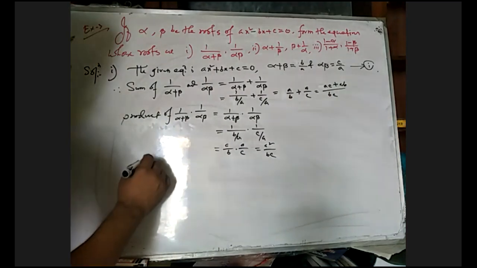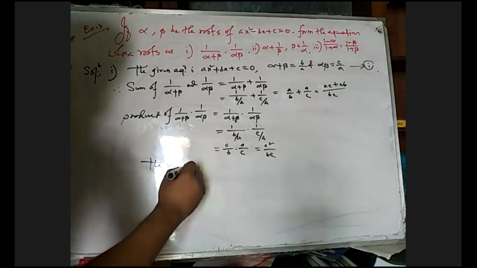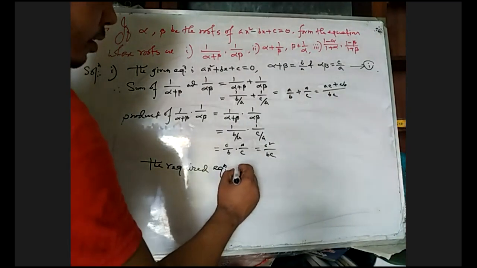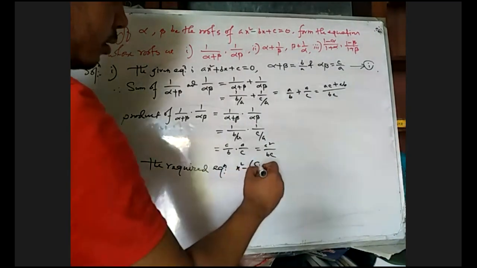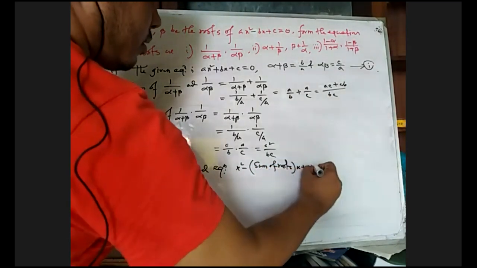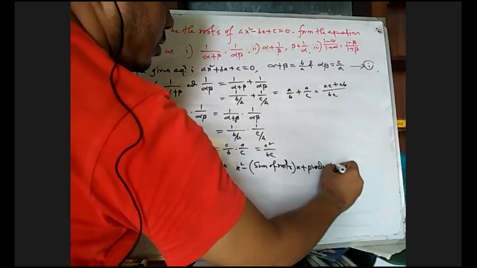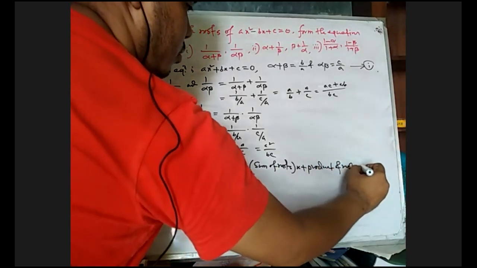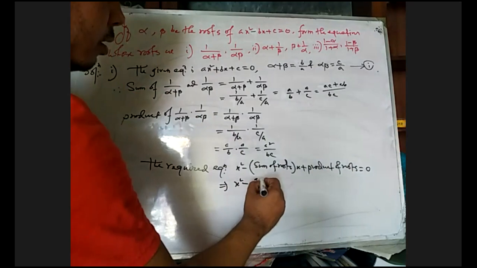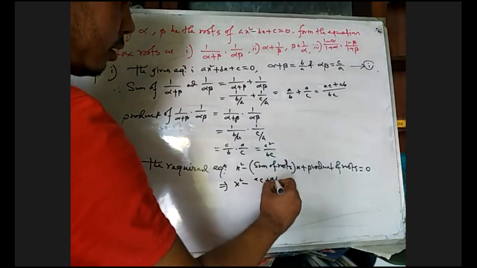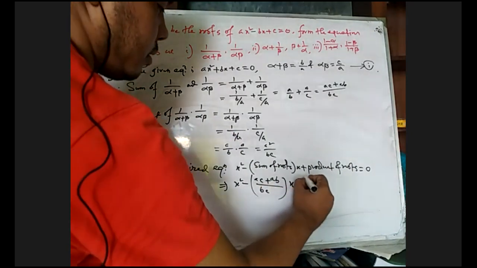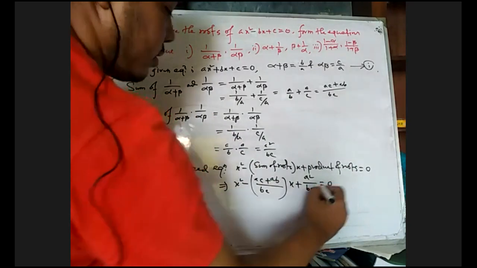Therefore the required equation is x square minus sum of roots into x plus product of roots equals to 0, or sum of roots, ac plus ab divided by bc, into x plus a square divided by bc equals to 0.